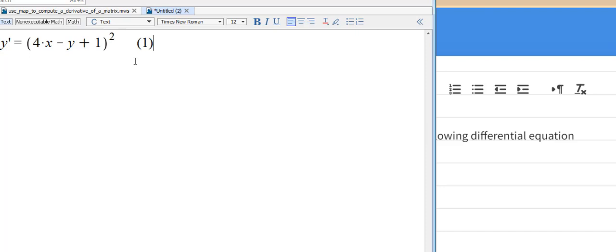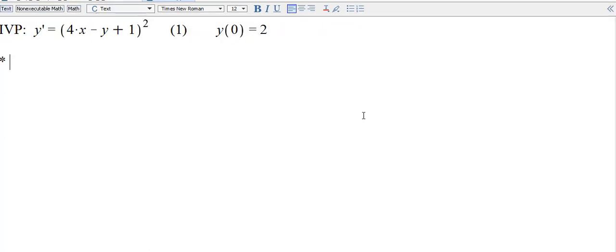We'll label it as equation 1, and we're given the initial value y(0) is 2. To solve the initial value problem, we need to solve the ordinary differential equation 1.